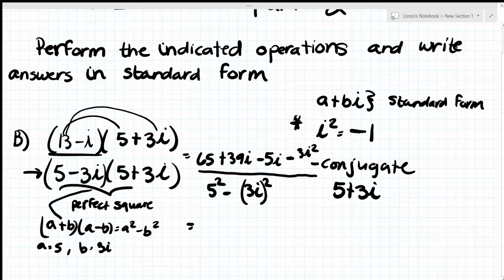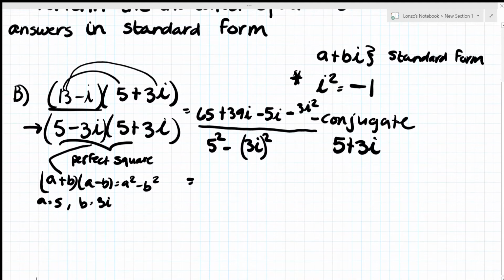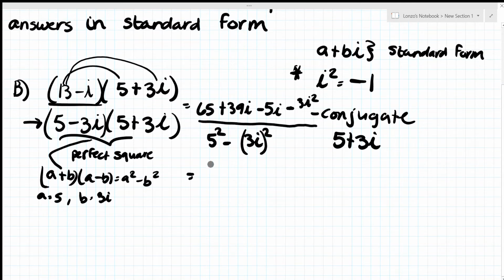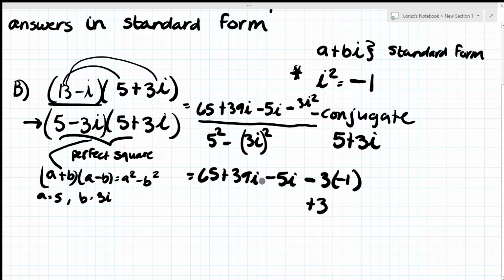So let's simplify the numerator. It's going to be 65 plus 39i minus 5i minus 3i squared. Remember we said that i squared is negative 1, so we put a negative 1. Negative 3 times negative 1 is positive 3. We have a 39i and a negative 5i.